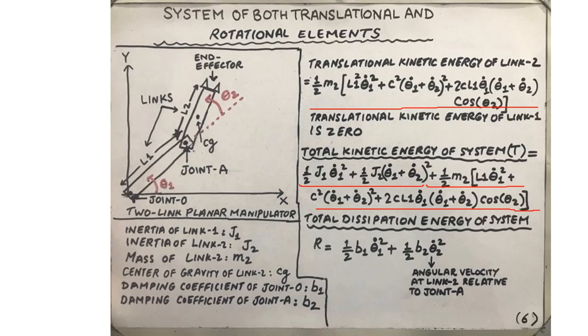However, there is some non-zero dissipation energy attributed to the frictional effect modeled by means of the rotational damping on both joints. That is simply half times B1 theta 1 dot square plus half times B2 theta 2 dot square.